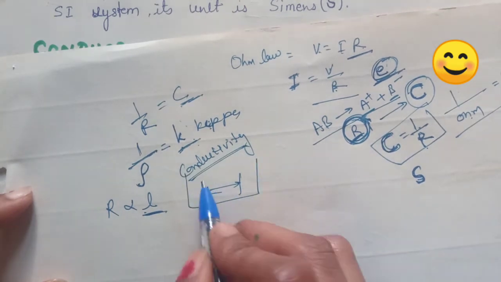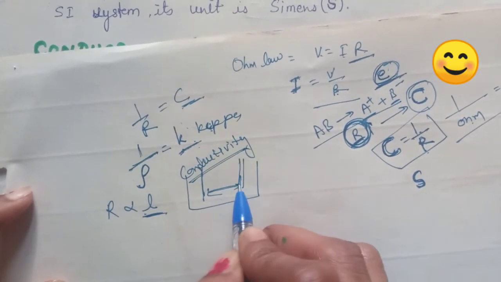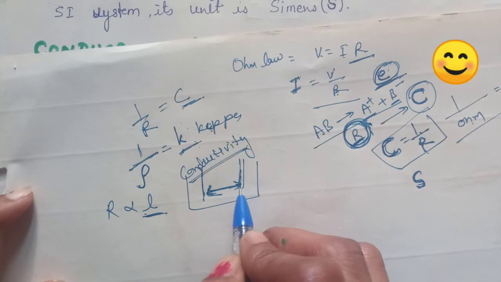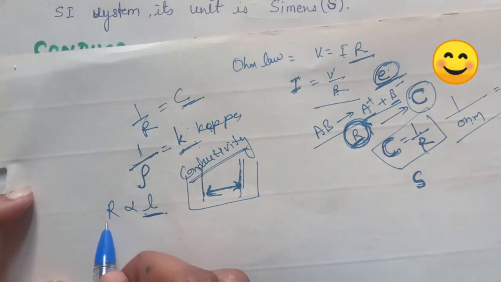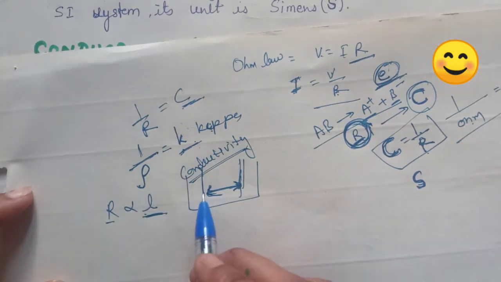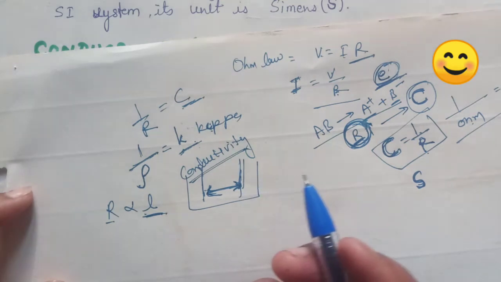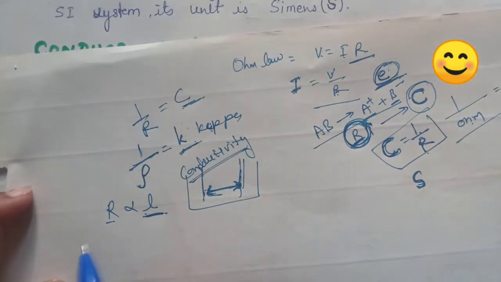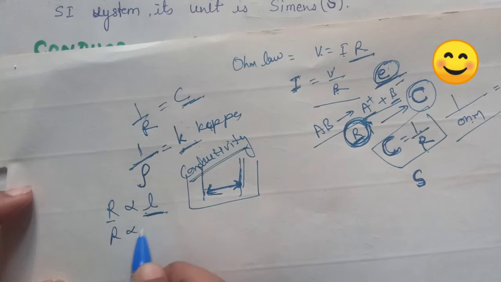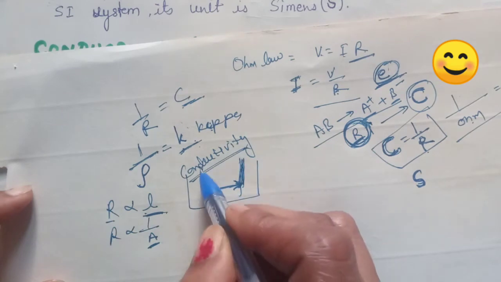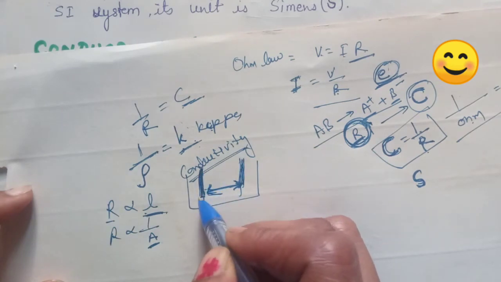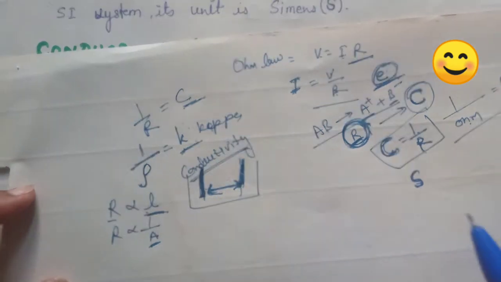More the distance, more will be the obstacles and more the resistance. And R is inversely proportional to A, the cross section of the electrodes. More the cross section, less the resistance.